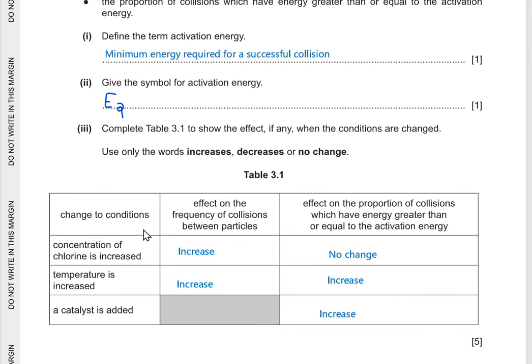The same goes for a catalyst, because a catalyst reduces the activation energy, as you read in the syllabus, in that it provides an alternative pathway for the reaction, which consequently decreases the activation energy required for a successful reaction.